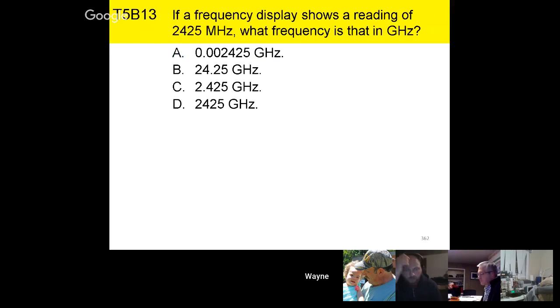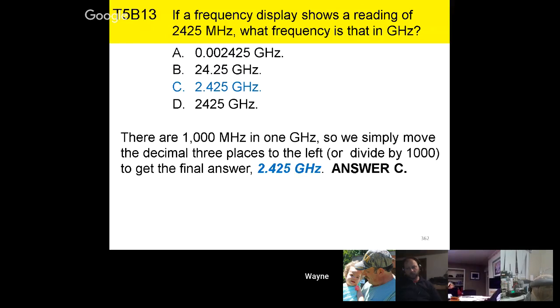If a frequency display shows a reading of 2,425 megahertz, what frequency is that in gigahertz? We're going from megahertz to gigahertz. Again, we're going to move that decimal over 3 spaces, and you're going to come up with 2.425 gigahertz.